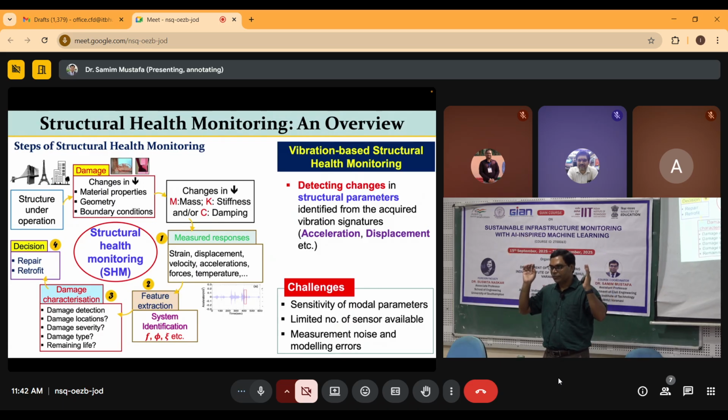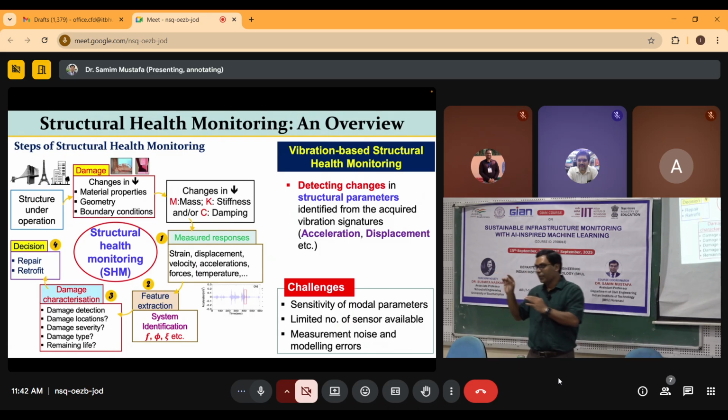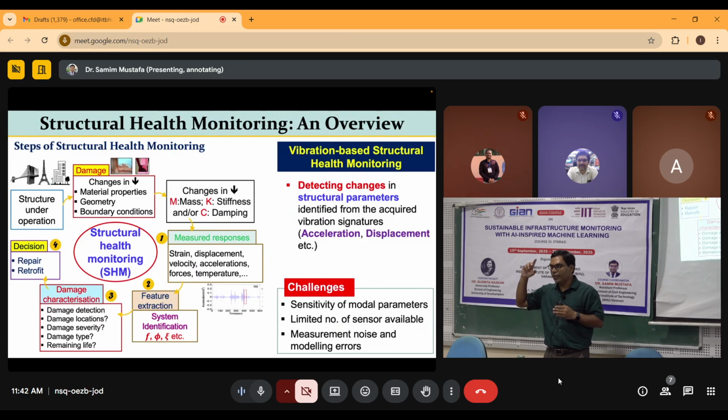Now using those sensors, your objective is to identify the global parameters of the structure, not the local. If you want to identify the local parameters, then you have to place a sensor at every member of the structure, then only you can measure the local response, right? Is it not? So the problem is, because of that small damage in one of the members, will there be a change in the modal parameters of the entire structure? That is the question.